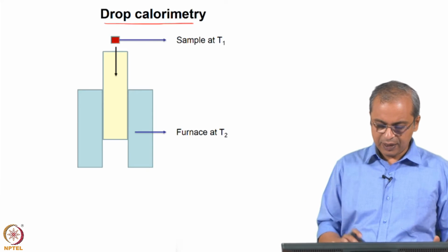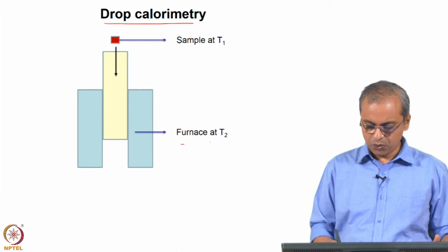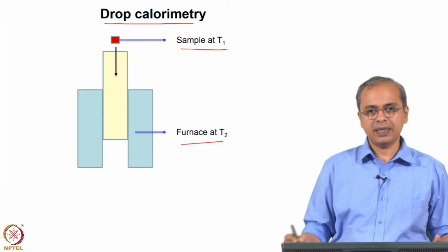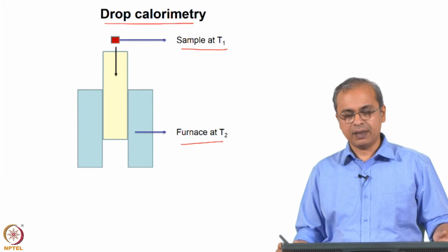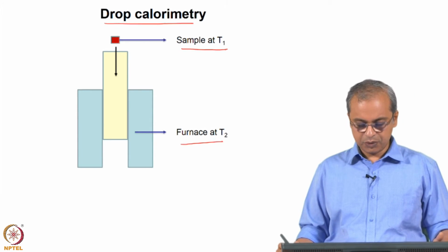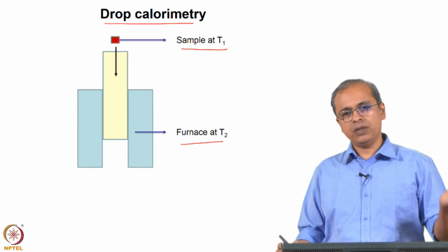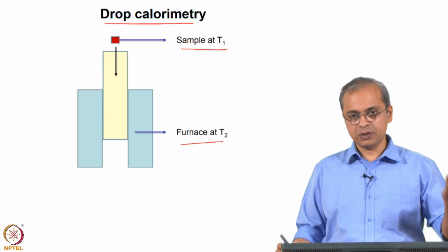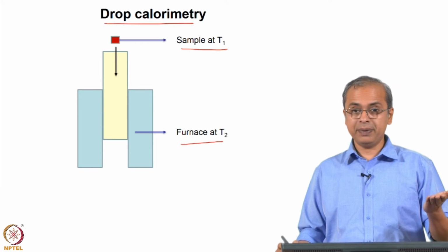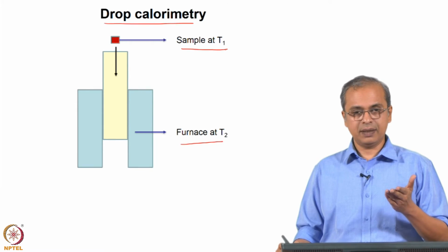So, you simply have a furnace at temperature T2 and a sample sitting at temperature T1, and then you drop the sample from T1 into this furnace at T2, and then you look at what is the heat involved in the process of this sample reaching the temperature T2.